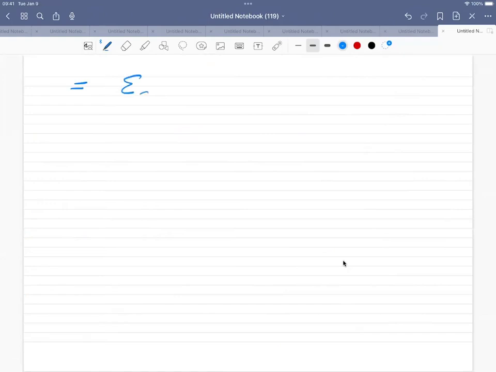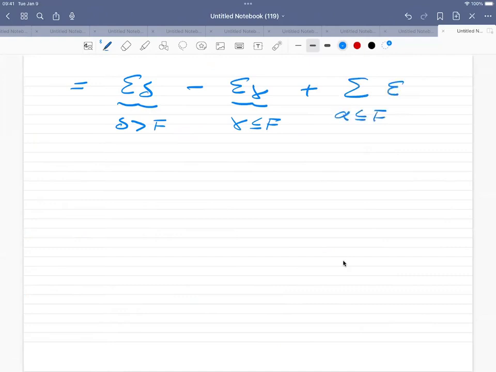So I have an epsilon delta, just that one, where delta is larger than the Fermi level, minus an epsilon gamma, where gamma is less than or equal to the Fermi level, plus a sum over alpha less than or equal to the Fermi level of epsilon alpha. So I have the difference between the particle energy and the hole energy.